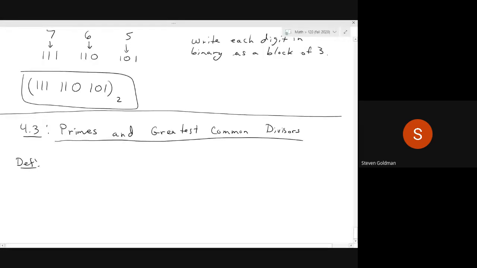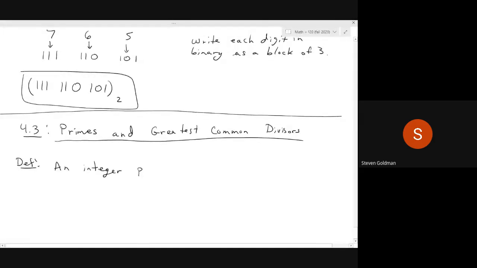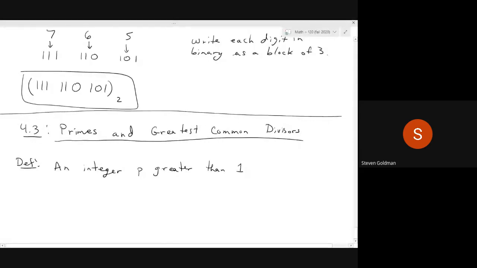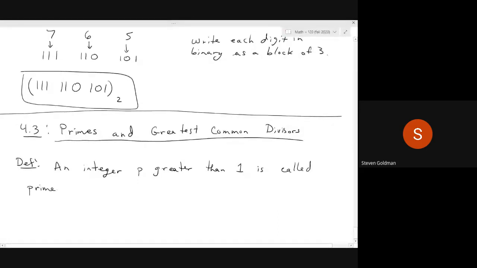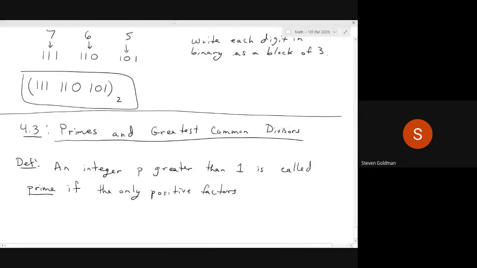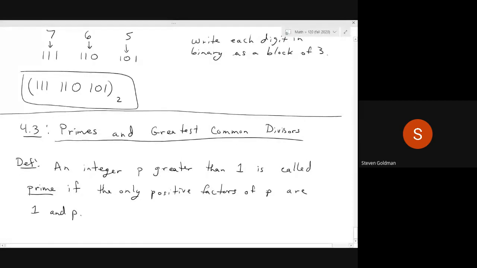Okay, definition. An integer p greater than 1 is called prime if the only positive factors of p are 1 and p.